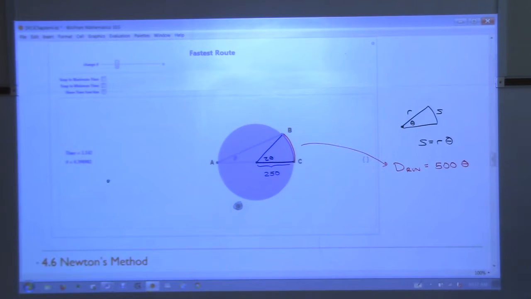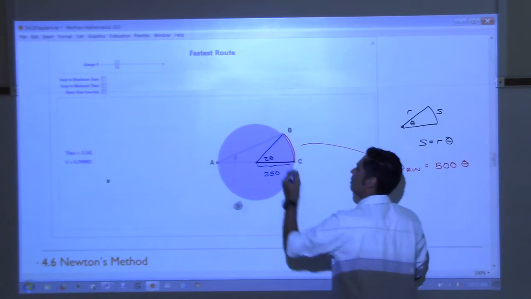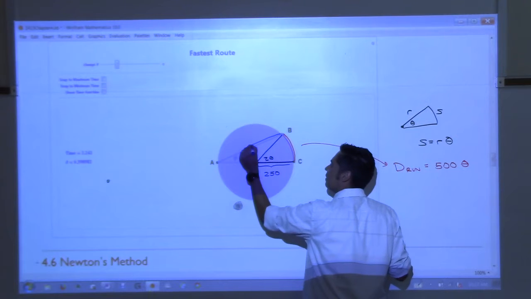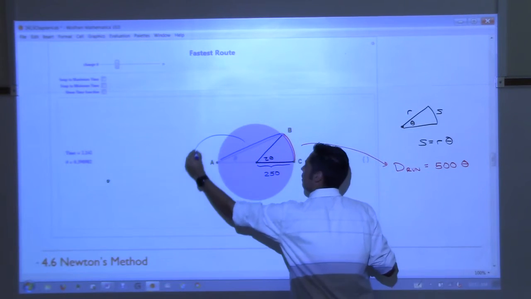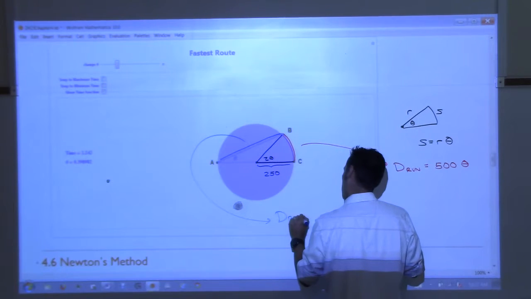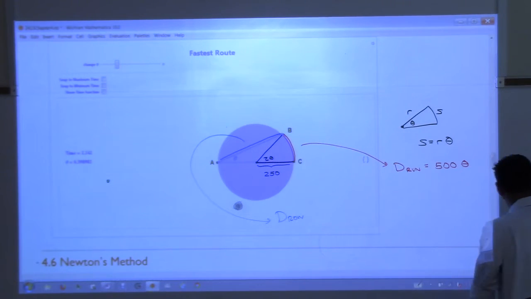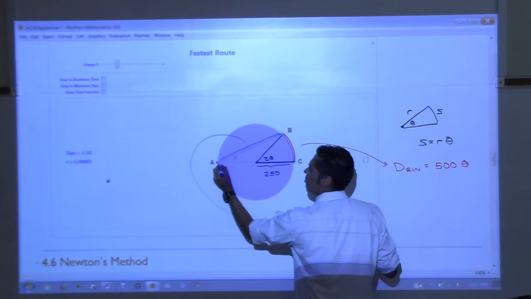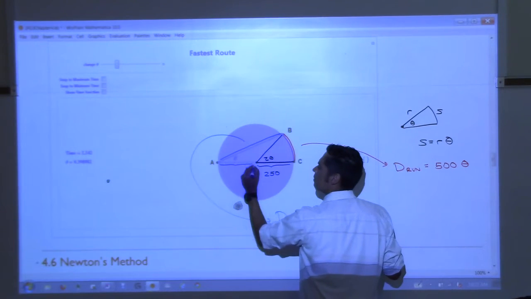But what's the distance that we row? That's from here to here. The distance we row. And how are we going to get that? We've got 13 minutes to get it. Do you know this side right here?